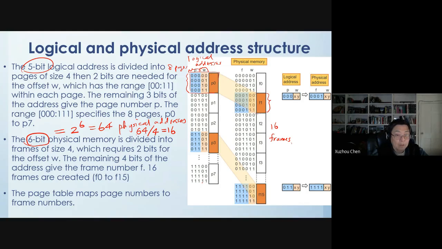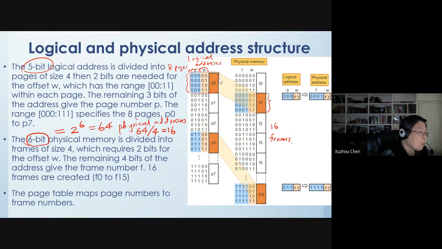So now the next question is, suppose I have a program here, and my program is eventually divided into pages. When I measure the program size, I'm not going to measure how much memory space I'm going to use for the program.